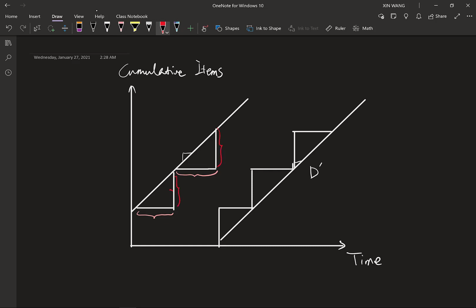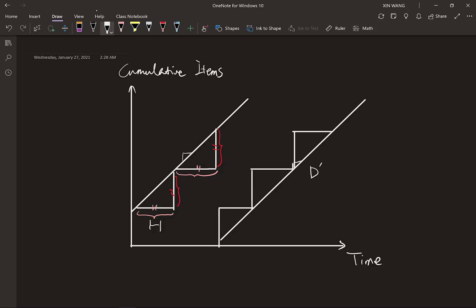So these are equal. These are equal. By this assumption, we can simplify the problem and provide a relatively analytical formulation. So let's denote this headway to be h.